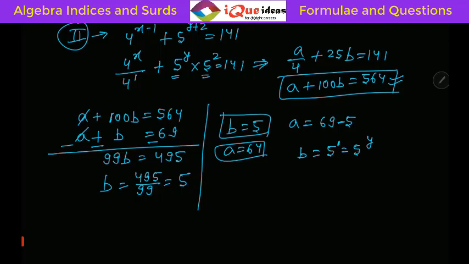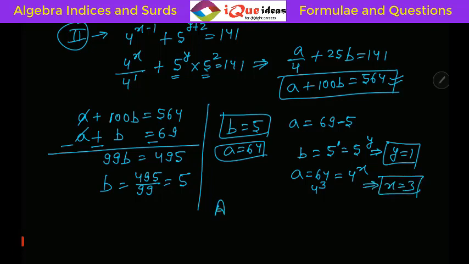Now 5 is 5 raised to 1. So we have y equal to 1. Similarly, a, which is equal to 64 in this case, is equal to 4 raised to x, and 64 is actually equal to 4 cube. That means x is equal to 3. So our final answer of the question will be x equal to 3 and y equal to 1.